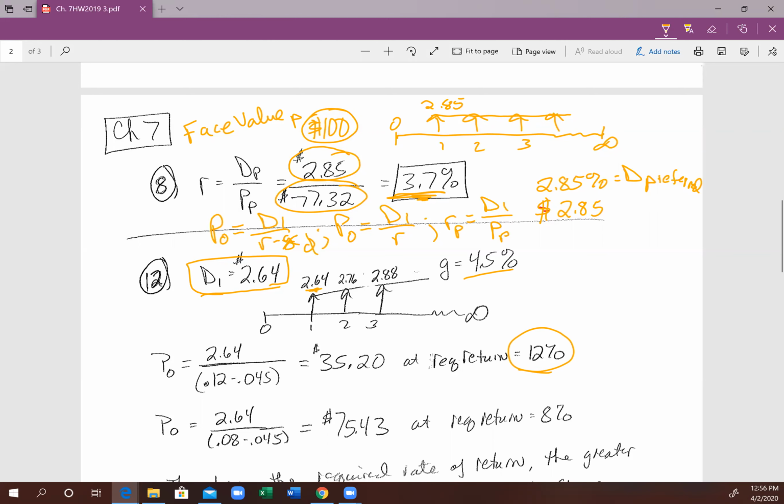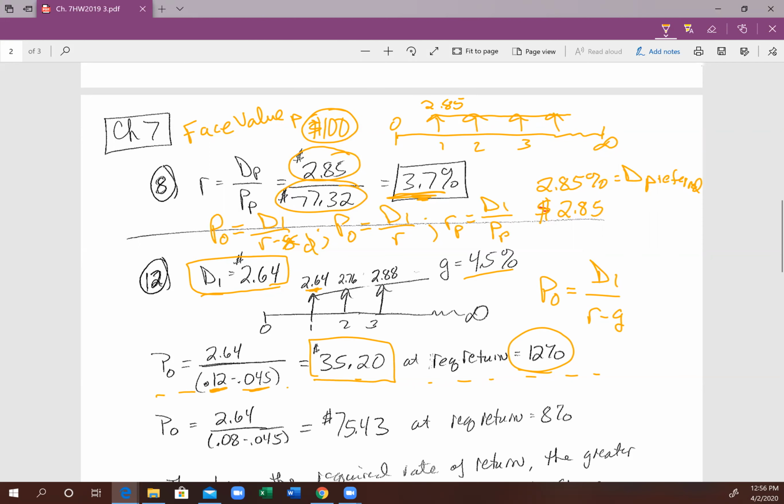So we go back to our formula, P0 equals D1 divided by R minus G. And so at 12%, $2.64 divided by the 12% required return minus the 4.5 growth gets us 35.20.